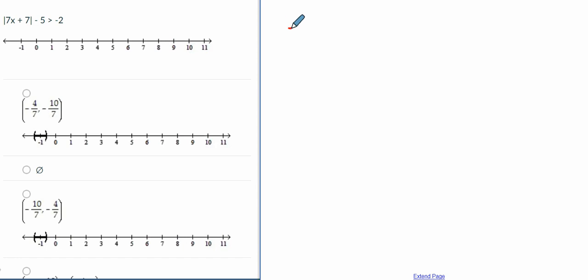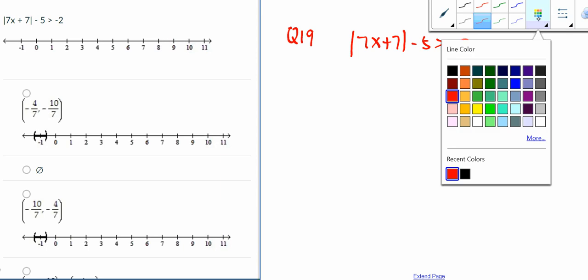Okay, question 19. You then have the absolute value of 7x plus 7, and then minus 5, greater than negative 2. Okay. Isolate the absolute value.